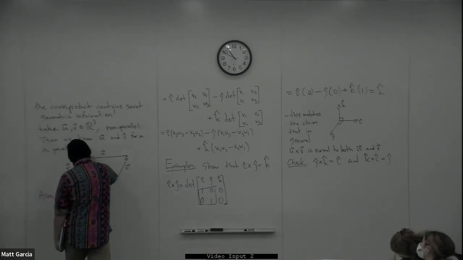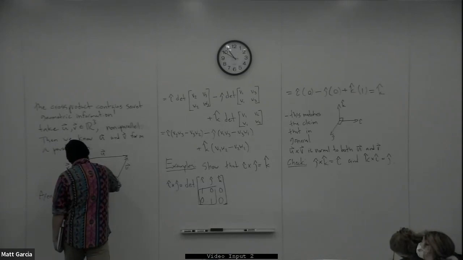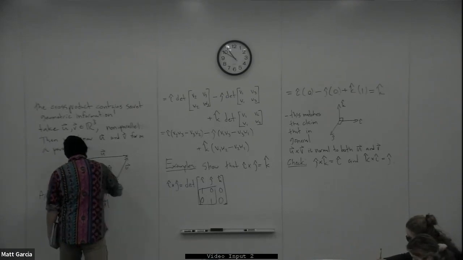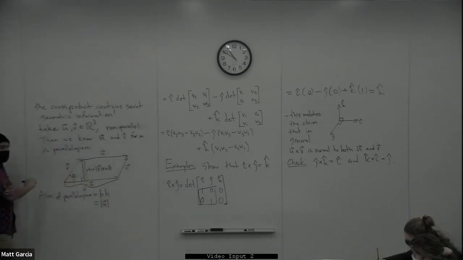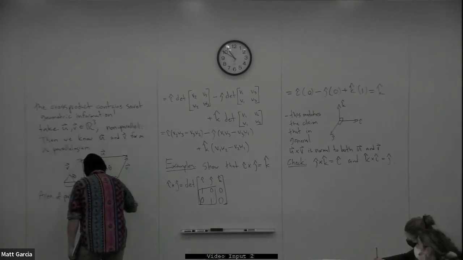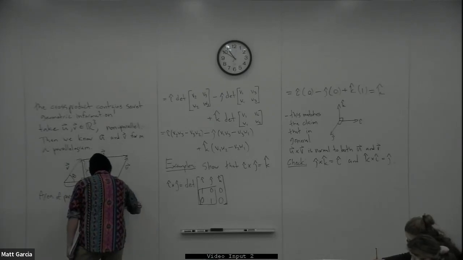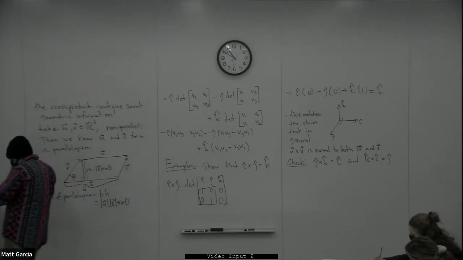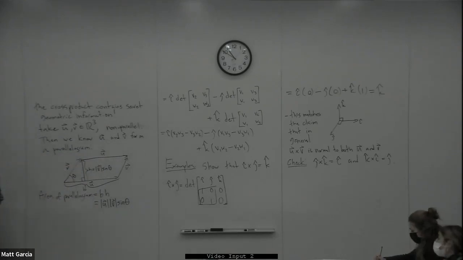So this leg will be equal to the magnitude of v times sine of theta, the angle between these two. Okay, so height is magnitude of v times sine theta.